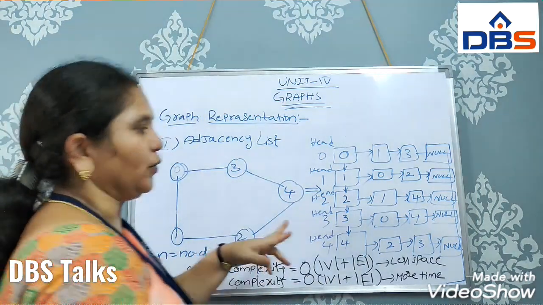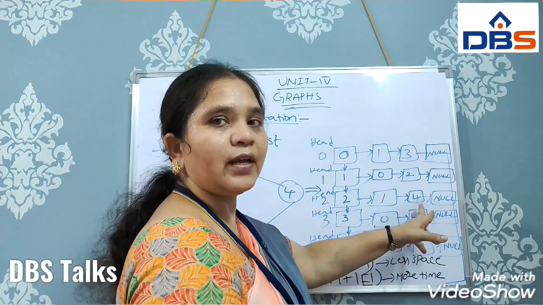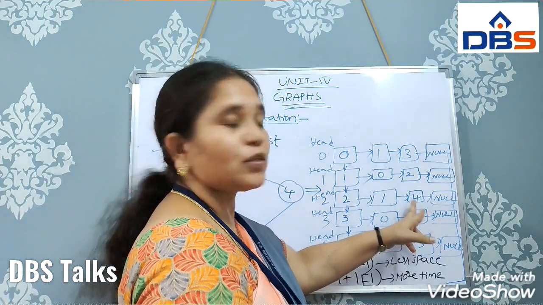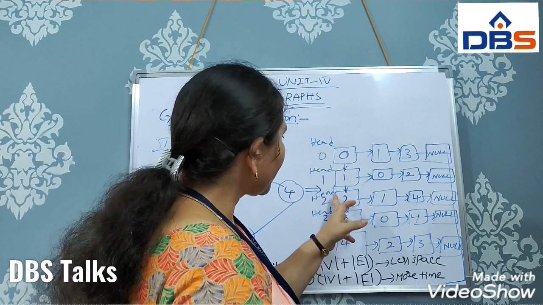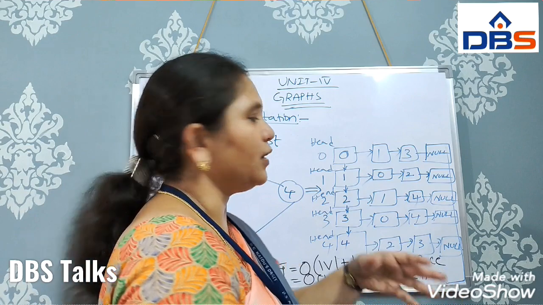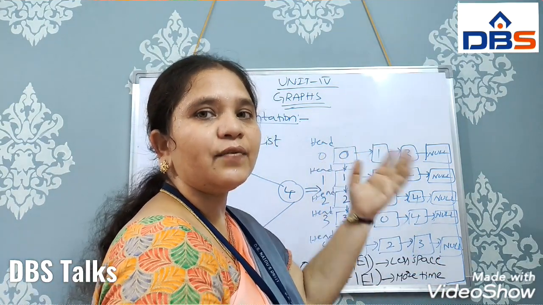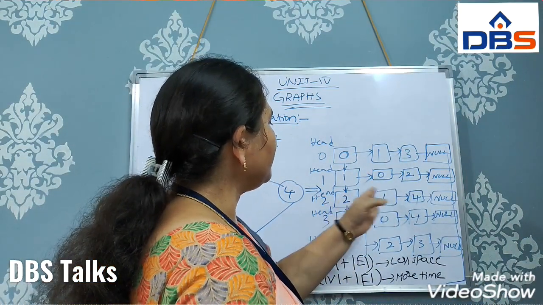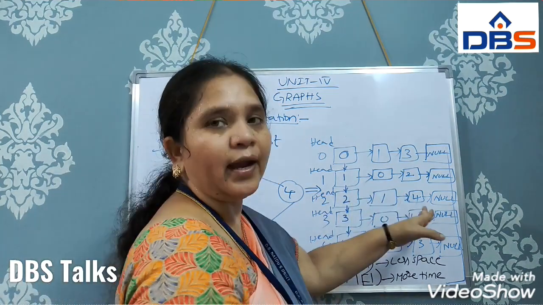Suppose we need to find out whether there is a link or edge between 2 and 4. We need to go through 2 to 2, 2 to 1, 2 to 4. The checking takes time. In the first category it is very easy, we find it directly. Here we need to search through some edges.